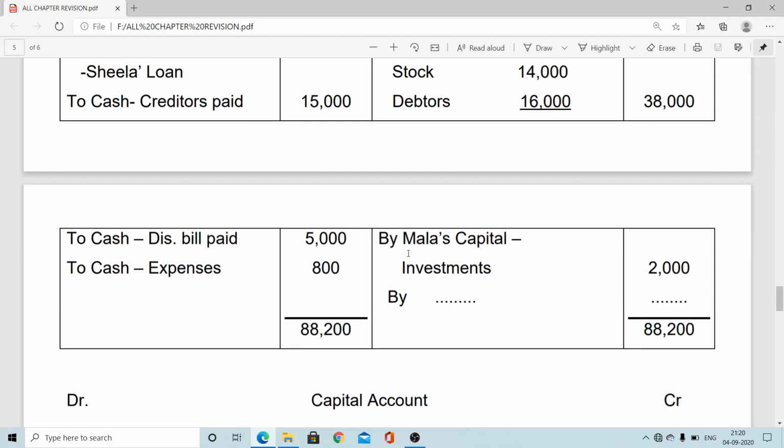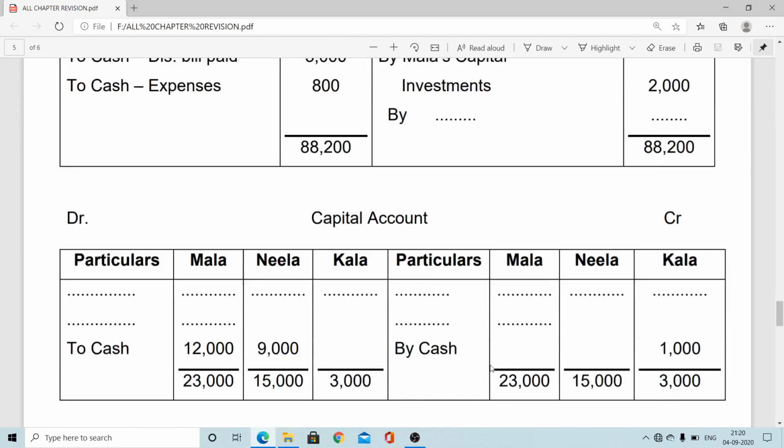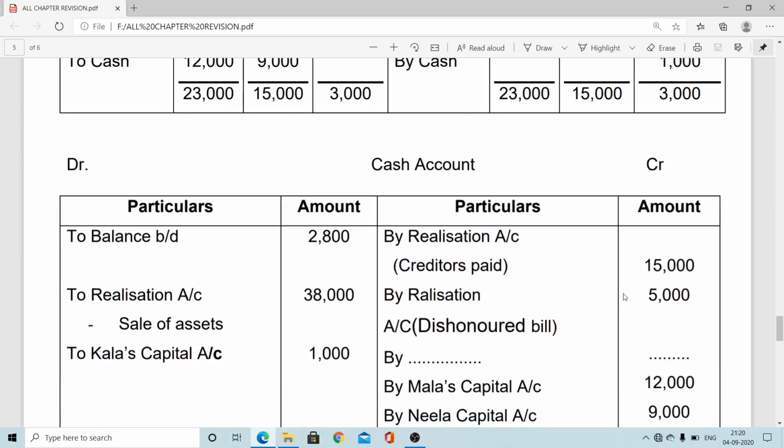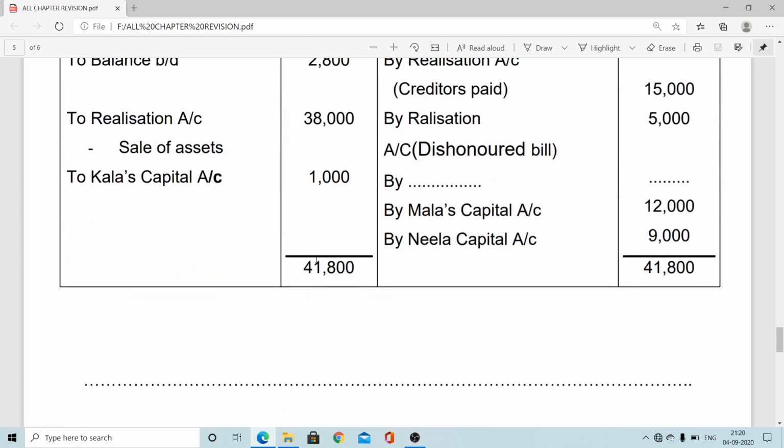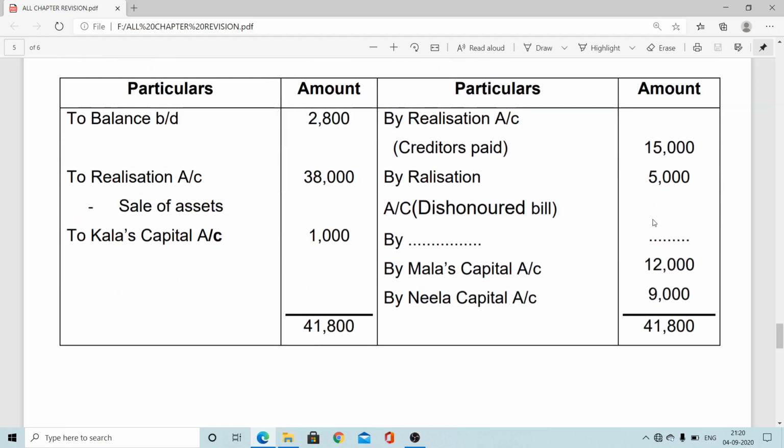So all these are there. So you can see the reverse entry in the cash ledger here, creditors payment, realization, like dishonored bill. Only one is missing here, and how much amount, if you make the difference, automatically we can easily find out the amount.